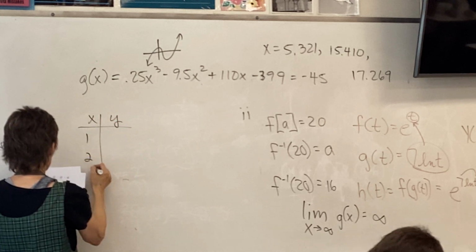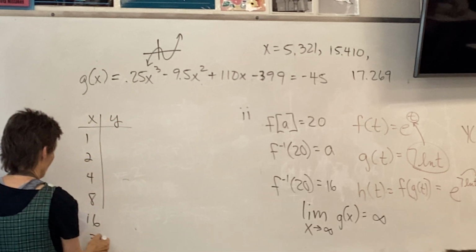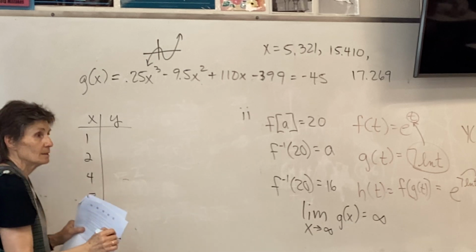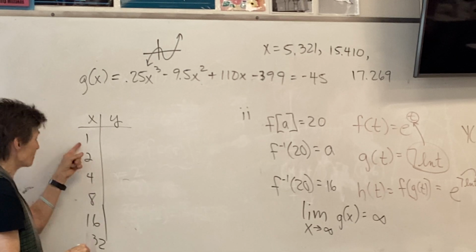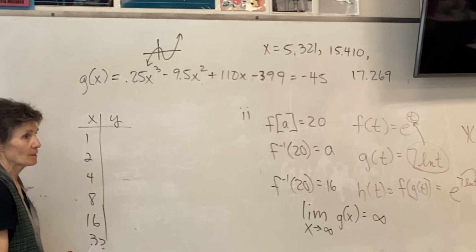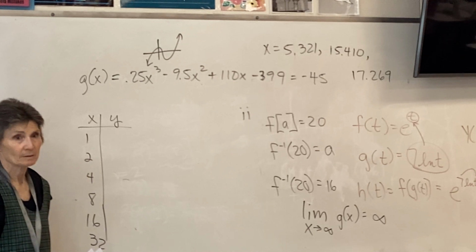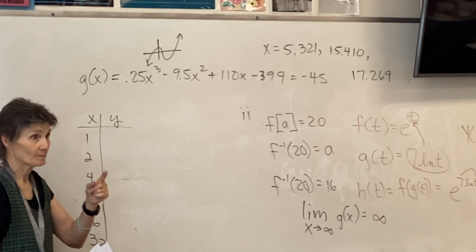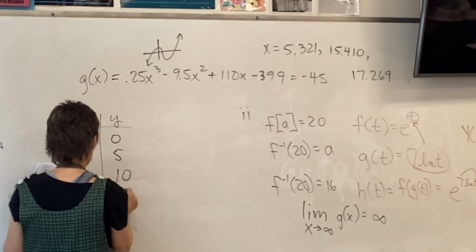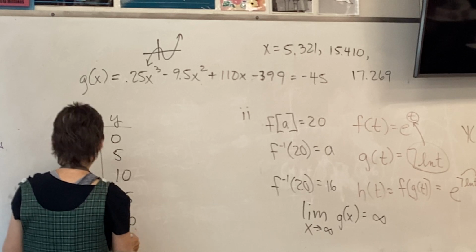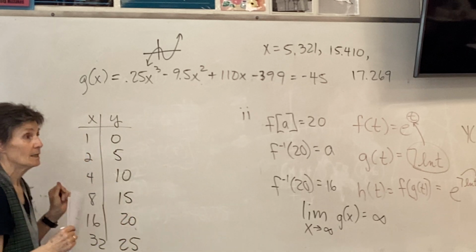So 1, 2, 4, already my antenna are up. Because my X's have what relationship? They're exponential. And my Y's, I didn't notice this before, my Y's are what? Linear.